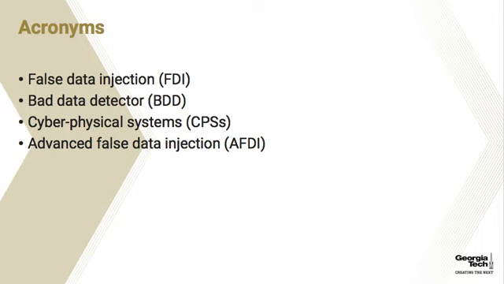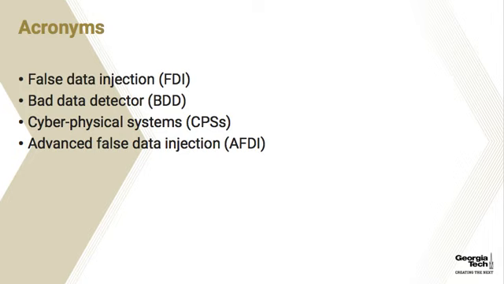Before getting into the details of the paper, I want to go over some important acronyms that I will be using throughout this presentation. False data injection refers to the injection of bad sensory data to ultimately cause system failure or reduce the performance of the system.